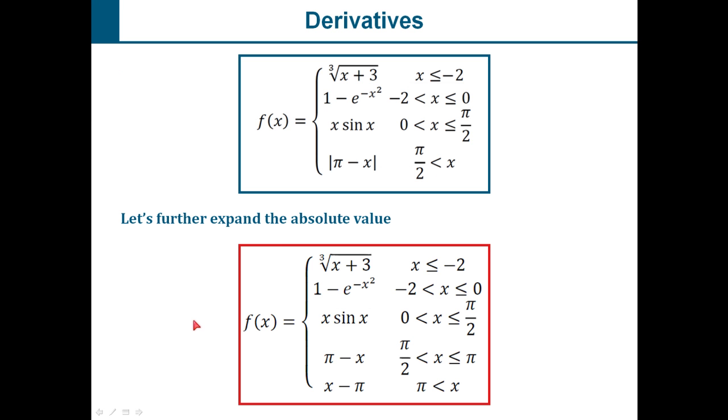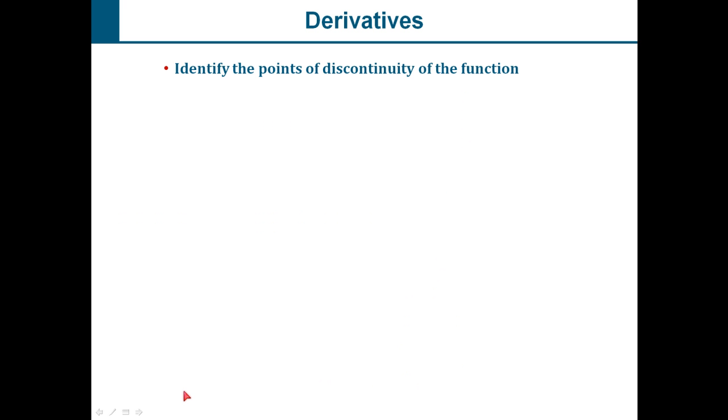Before proceeding further, let's notice that the function f of x equals a continuous function in each subinterval. Then, let's start by identifying the points of discontinuity for f of x.